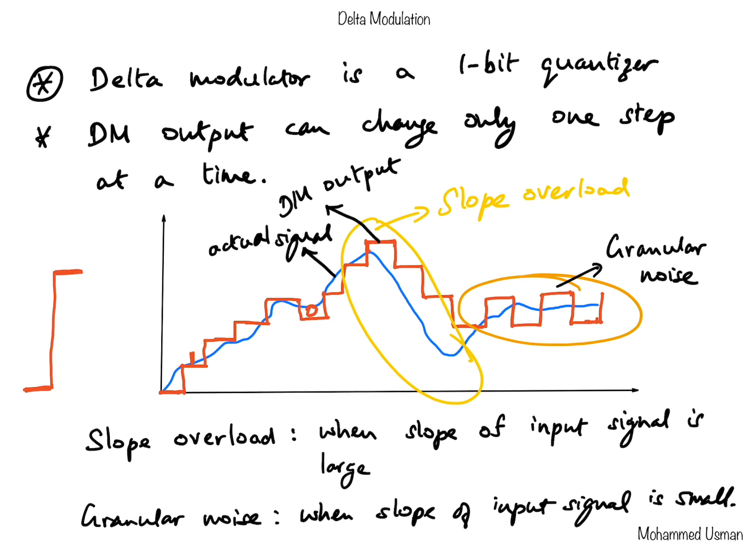Just as we did in the case of differential pulse code modulation, where we derived the condition to avoid slope overload in DPCM, we will in the next lecture also derive the condition to avoid slope overload in delta modulation, and then we will compare the two conditions, that is for DPCM and DM, to avoid slope overload, and see what is the implication of both these scenarios.